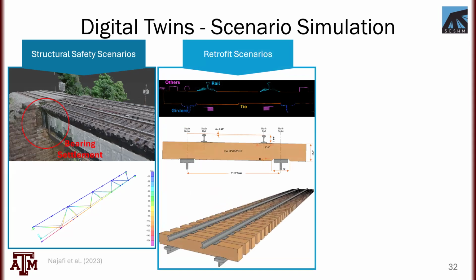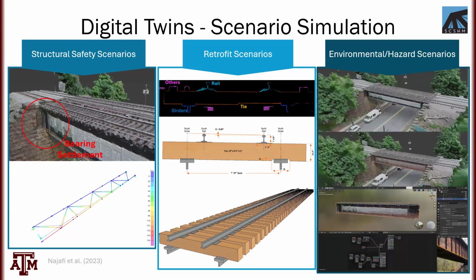So we can look at different alternative scenarios of retrofitting, like in railway bridges, you might be looking at these customized timber ties, which you can quickly vary in your digital twin environment in terms of their rotation and positioning and dimensions in order to find geometry and alignment that works best for the railway track.